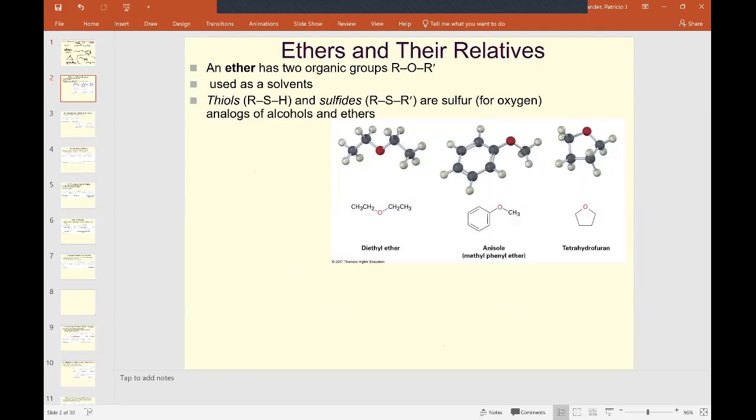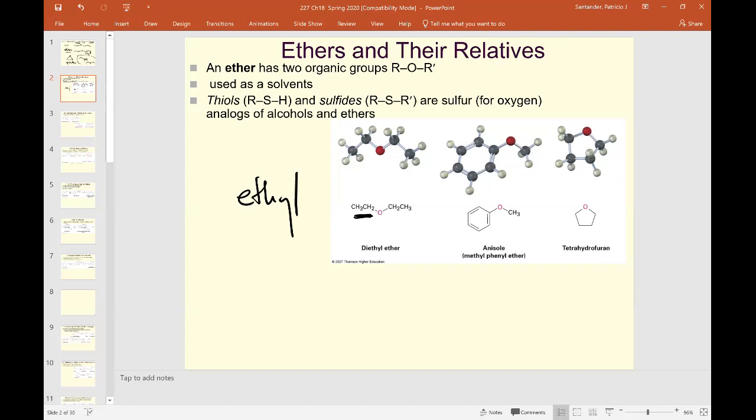So here we have some examples. We have an ether, diethyl ether. For the nomenclature, we name the nature of the alkyl group. This is an ethyl. The other is also an ethyl. So that's why we call it diethyl ether. You can have two different groups, like a phenyl group and a methyl group.